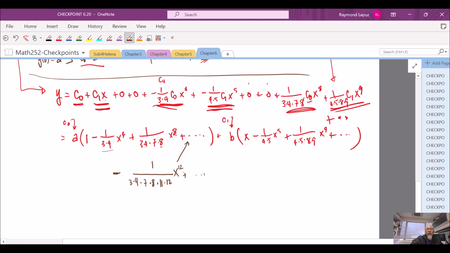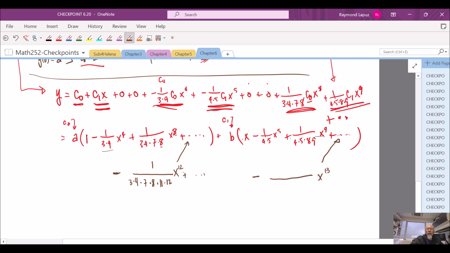And then over here, if you're looking at that pattern as well, this should be x, and then you add 4, you get x to the 5th. You add 4, you get x to the 9th. If you add 4 to that, you're going to get x to the 13th power. This will also be a negative, because this alternates from positive to negative, so the next term would be negative.